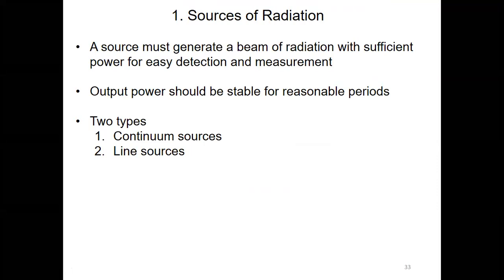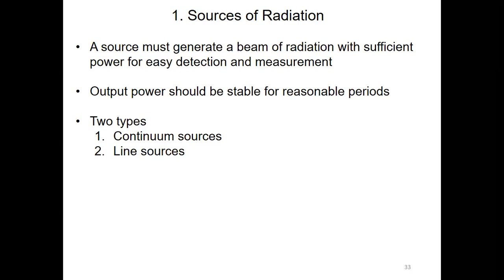And also the output should be stable for a reasonable period of time, because if the output of the source is not stable, then it is difficult for us to do the detection.